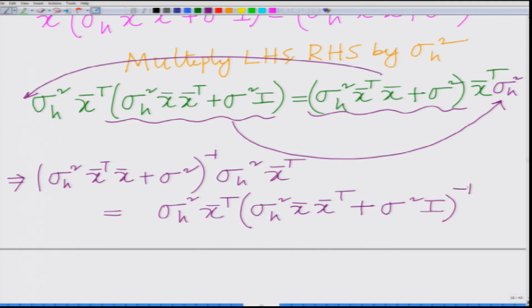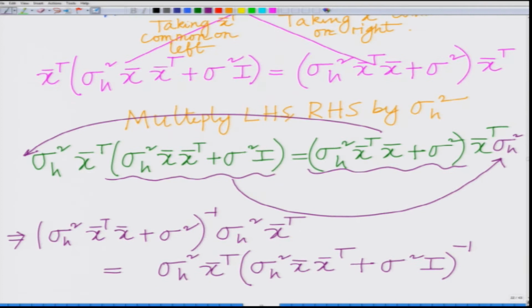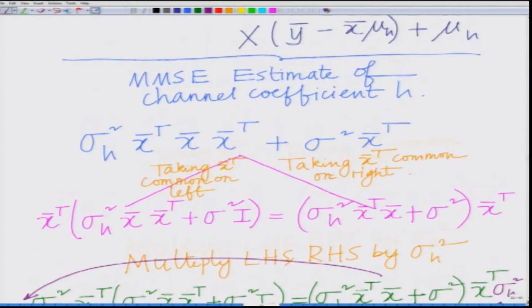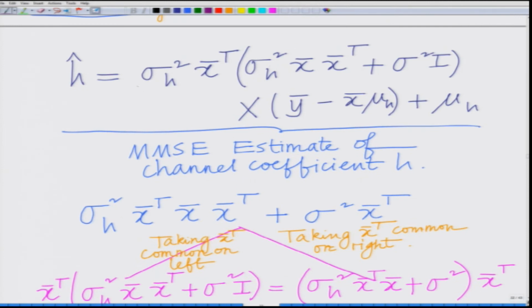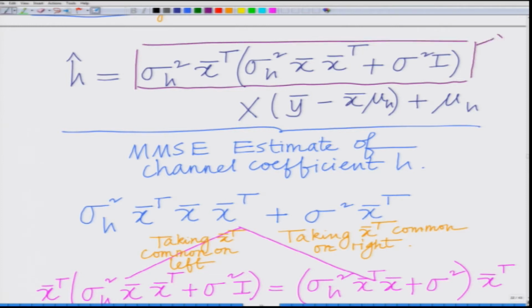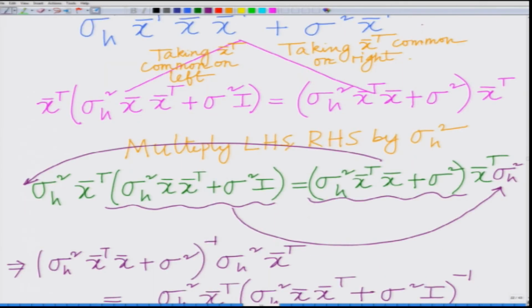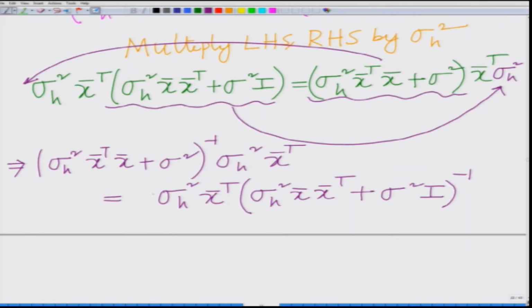Okay. And now, what we see is this quantity. If you look at this quantity over here, and if you call this quantity, let us say, star, now you can see this quantity here is basically the same as star.